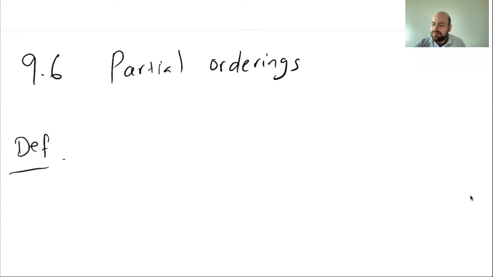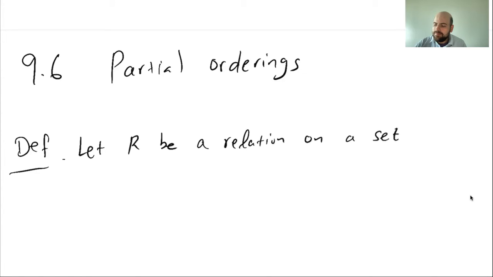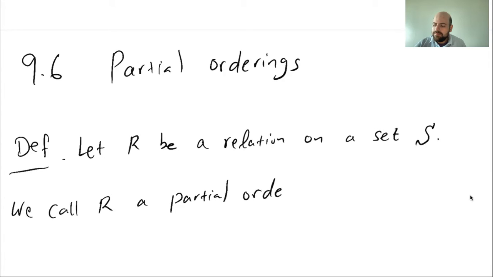Let R be a relation on a set S. We call R a partial ordering relation if R has three certain conditions.